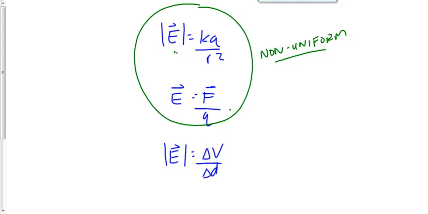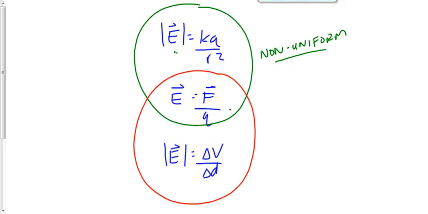The second circle that I'm going to draw is in red. These red ones are valid when we have a uniform field, something like parallel plates. This one is when we have information about what causes the uniform field, typically parallel plates. And then the middle one, of course, is valid when we have a situation where there's an experiencer experiencing the field. Sometimes I like to call that middle one the universal equation, because that's valid whenever.